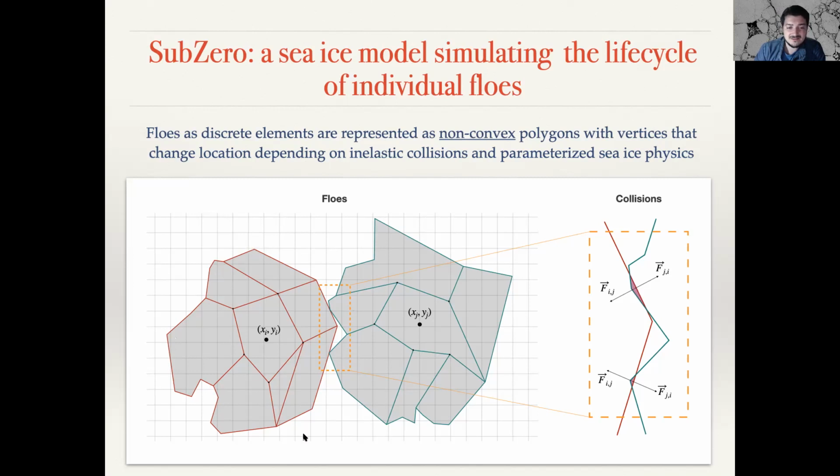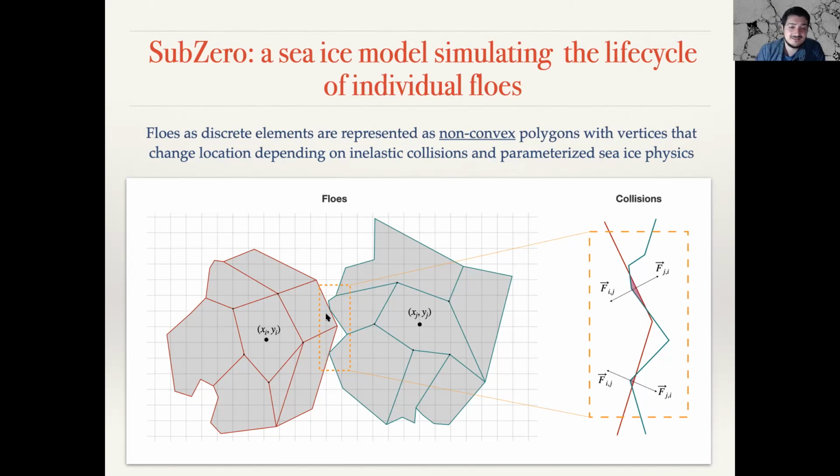Polygons have vertices, and you can have an outline of a polygon, but inside of it, it could be composed out of several other polygons if you want to increase the complexity, or you can just deal with just an outline. And these polygons are non-convex, and I'll come back to it. It's extremely important for this model to have non-convex polygons.